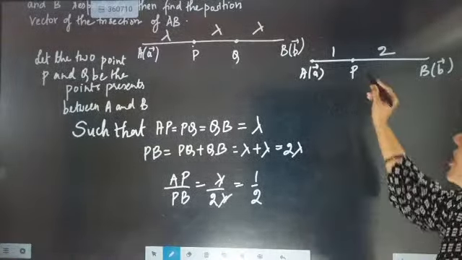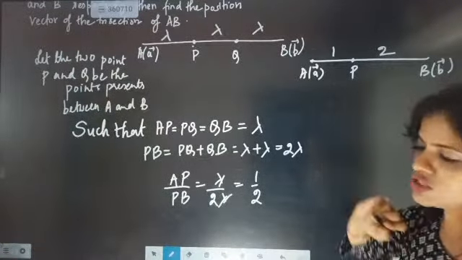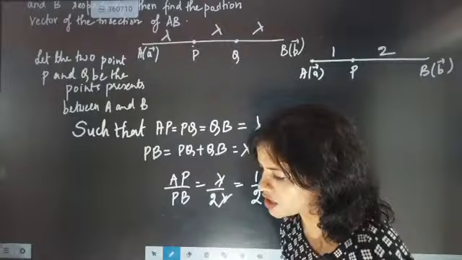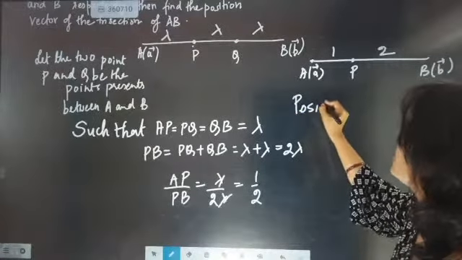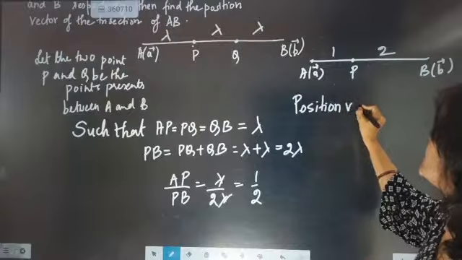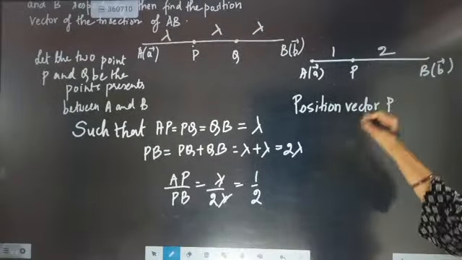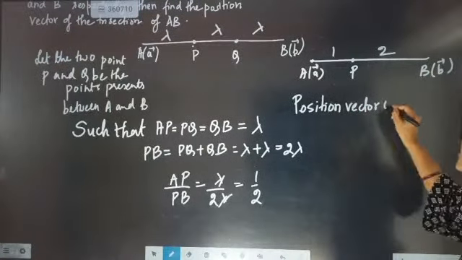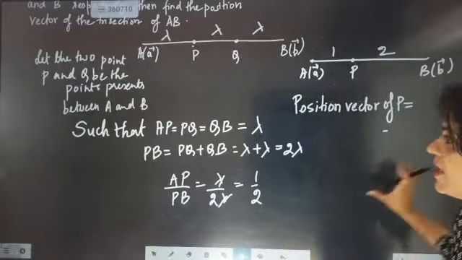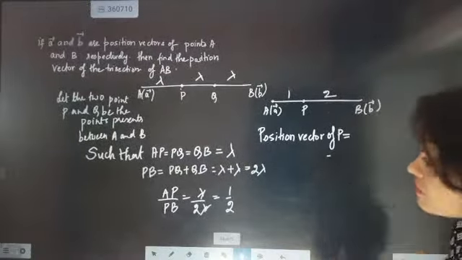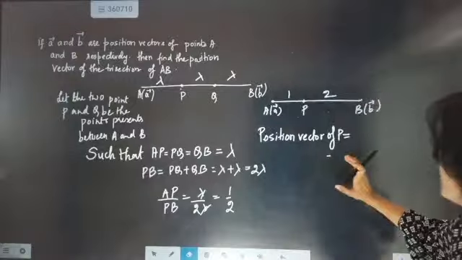So now what will be the position vector of P? We have to just find the position vector of P. When we write the position vector of P, only one small work we'll do. We will just start multiplying. Now how to get the position vector of P?